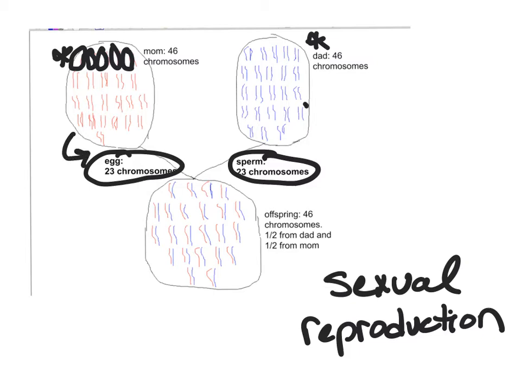Dad is going to pass on one chromosome from each pair to his sperm cells, so that in the end, the offspring end up with one chromosome from mom and one chromosome from dad in each pair. So 23 chromosomes come from mom, and 23 chromosomes come from dad.